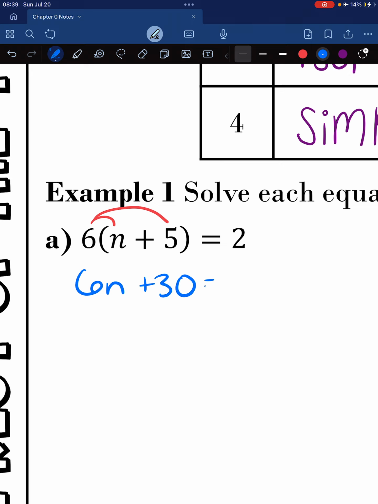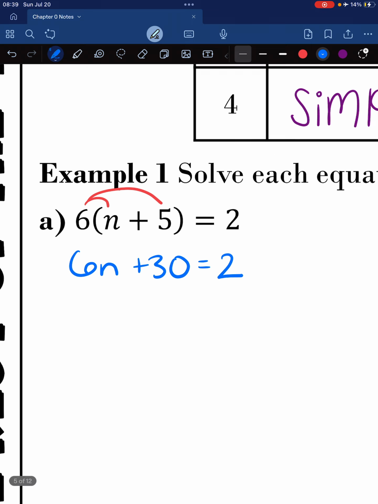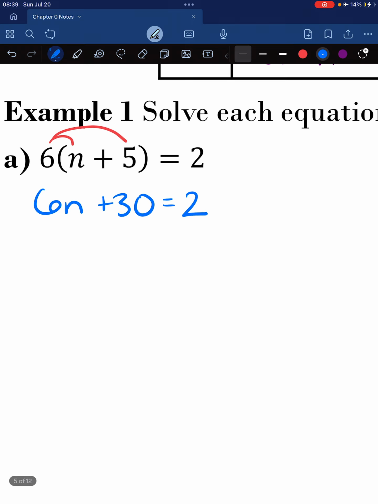6n plus 30 equals 2. And I mentioned at the beginning of this video, we do need to do that order of operations. But when I am isolating the variable, I'm actually going to isolate it backwards. I need to, because again, my goal is to get this n all by itself. I need to get rid of any addition and subtraction first.